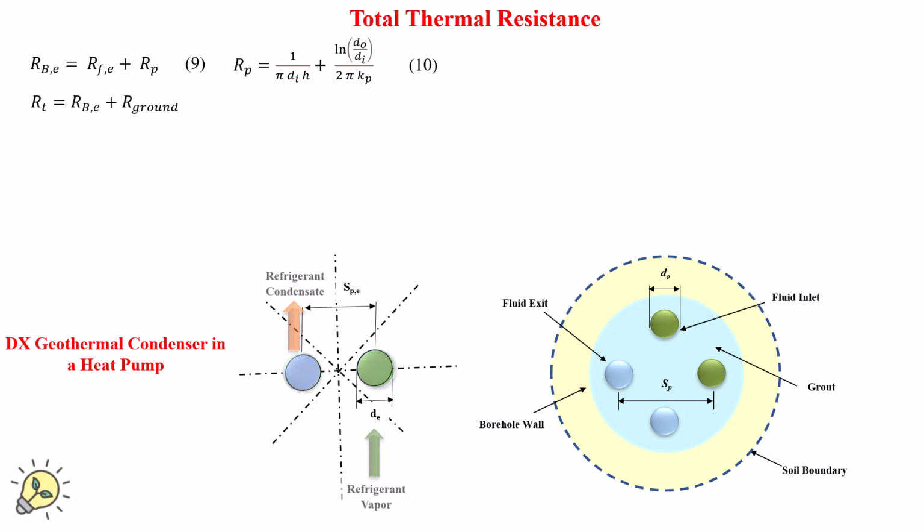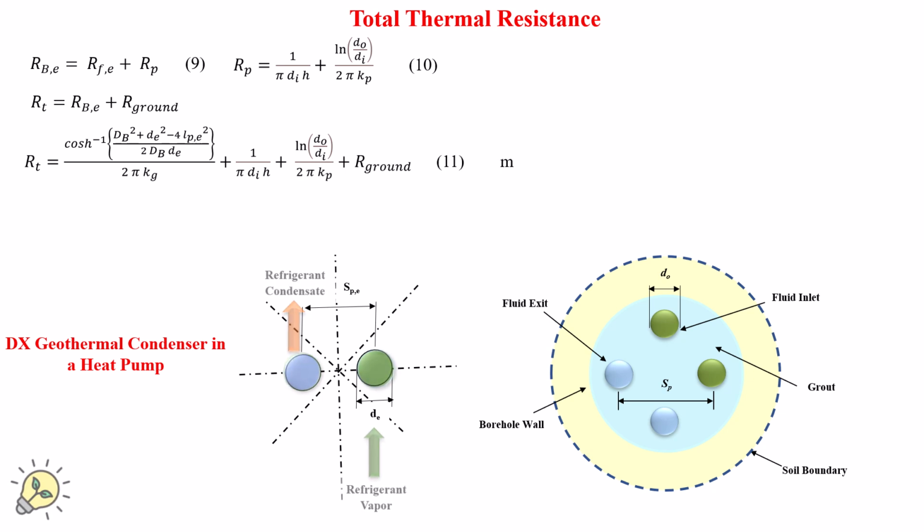And the total resistance usually should include the ground thermal resistance, and if we substitute the values of R sub F and R sub P plus the value of ground resistance, then we will get equation 11.